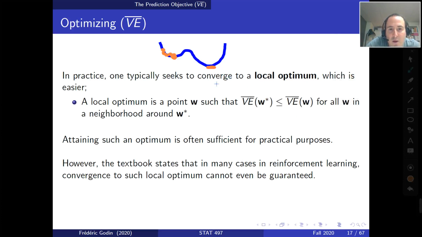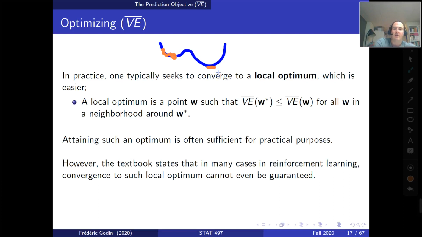So this would be the global optimum, but this would be a local optimum. Often in practice, you can find a local optimum that would work well enough. Although you would like to get to the global optimum, sometimes the local optimum will do a sufficiently good job that you don't necessarily need to reach the global optimum fully.